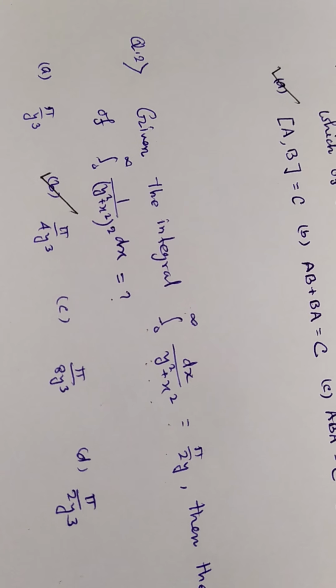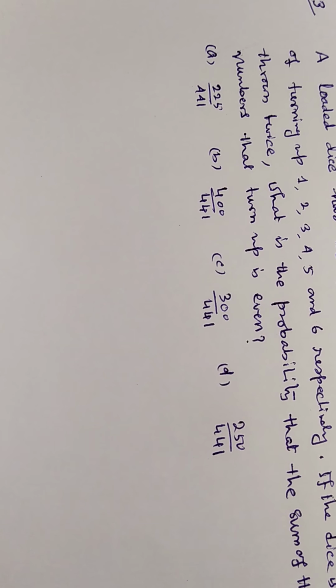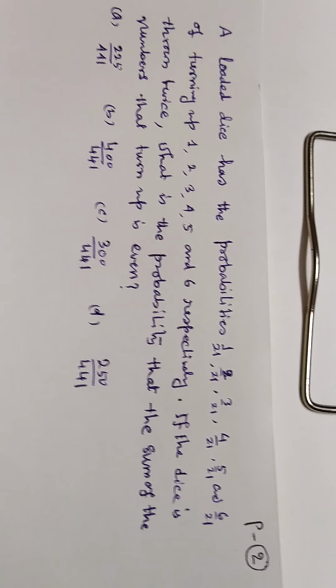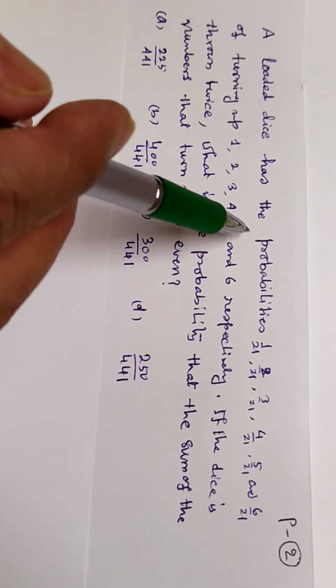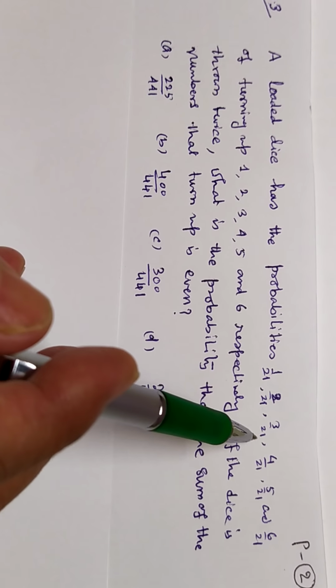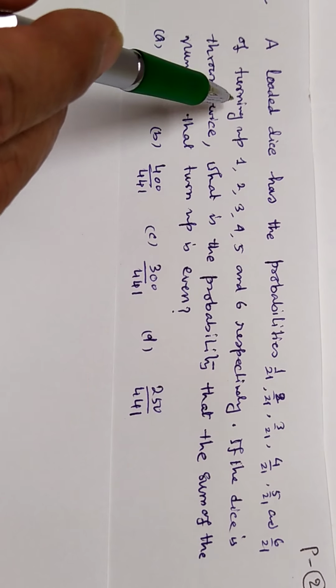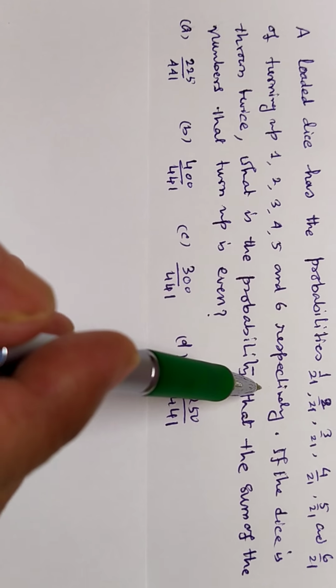Now next problem, let's move to the next problem. Problem 3. It says that a loaded dice has the probabilities of 1 by 21, 2 by 21, 3 by 21, 4 by 21, 5 by 21 and 6 by 21 of turning up 1, 2, 3, 4, 5, 6 respectively.